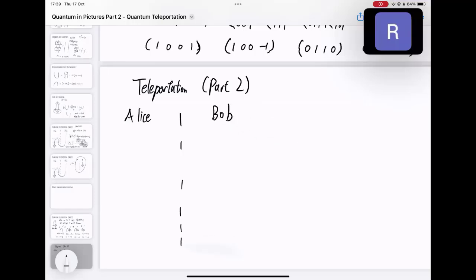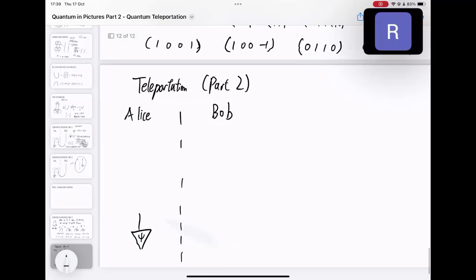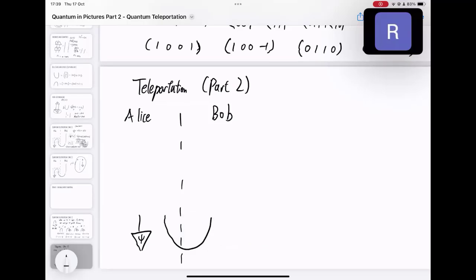So in the case where, well, let's start from the beginning. Alice still has a quantum state that they wish to give to Bob. And Alice and Bob share this Bell state, this cup. Now Alice tries to teleport the state to Bob by applying this Bell test, or this cup test or Bell effect.